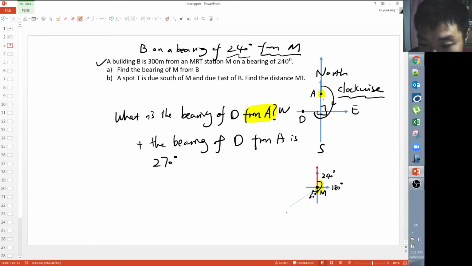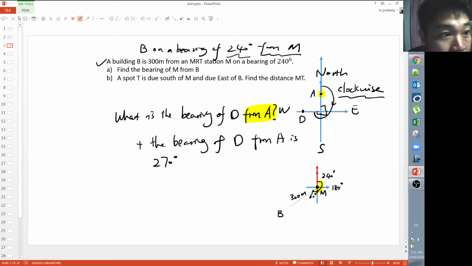So far so good. This will be your building B, and it is 300 meters from M, the MRT station. So this is 300.